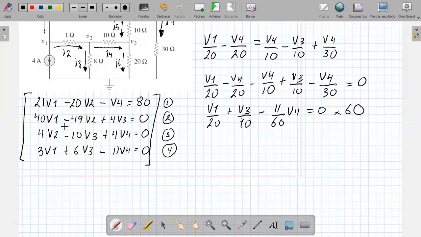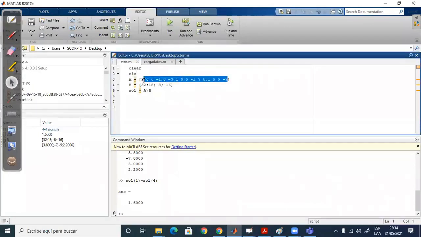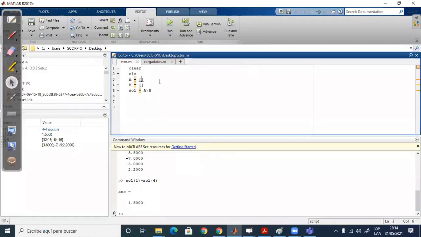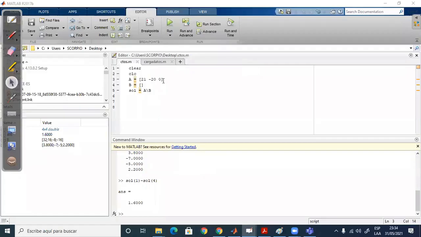Let's notice that we have 4 variables: V1, V2, V3 and V4. For the first equation, I'm going to write the matrix. The first row tells me 21, minus 20, 0 for V3 because there is no V3, and minus 1.